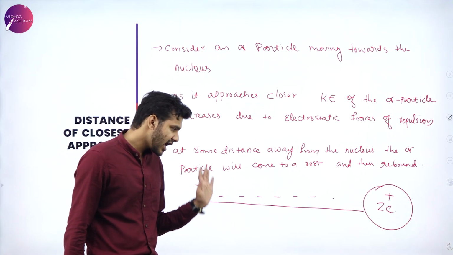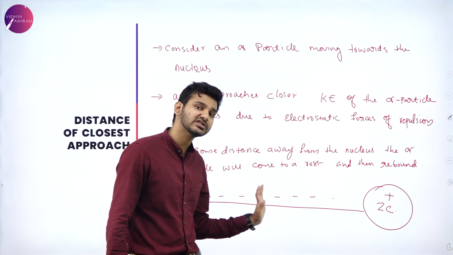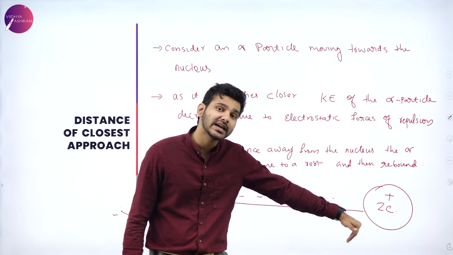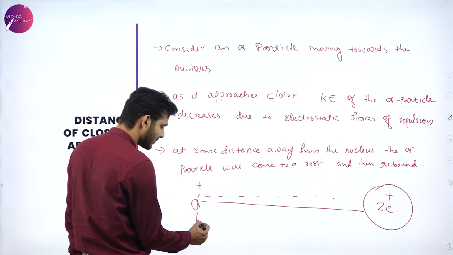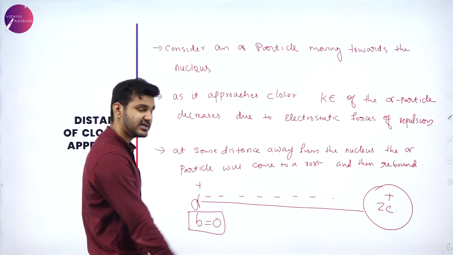As it approaches closer, the alpha particle slows down and stops at one point, and then it rebounds back. Here again, this is happening because impact parameter b is equal to 0.